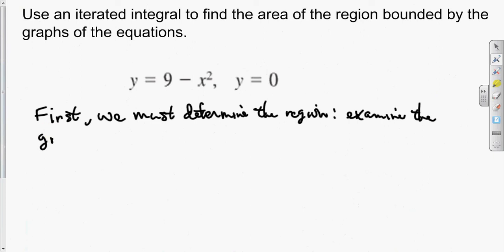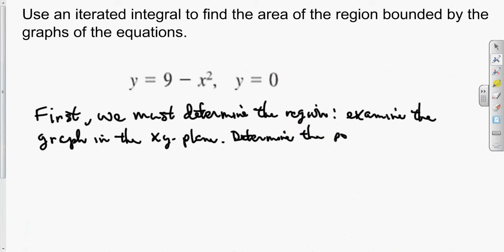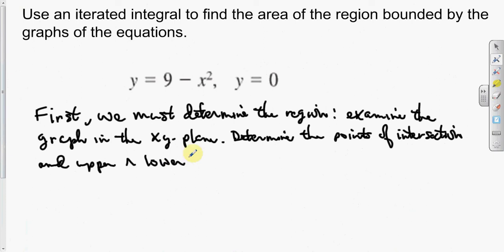Examine the graph in the XY plane. Then from here, determine the points of intersection and upper and lower bounds. Okay.